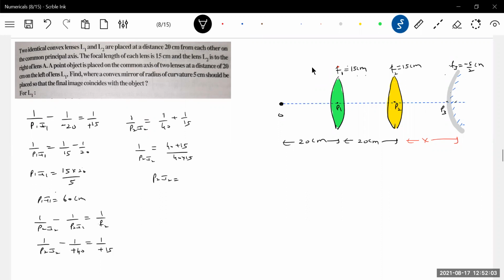P2 I2. Chandelier 15, now 24. Let me check it. 40 into 15 by 55. 3 by 11. 40 into 3 by 11.